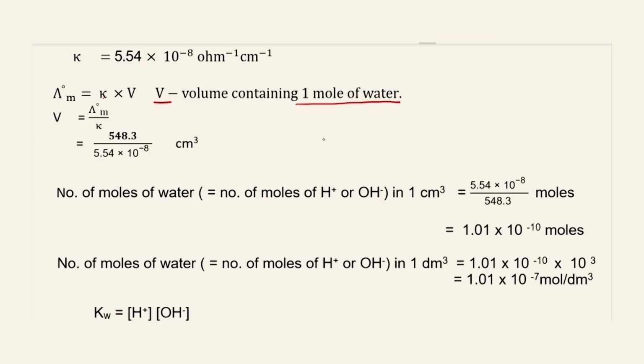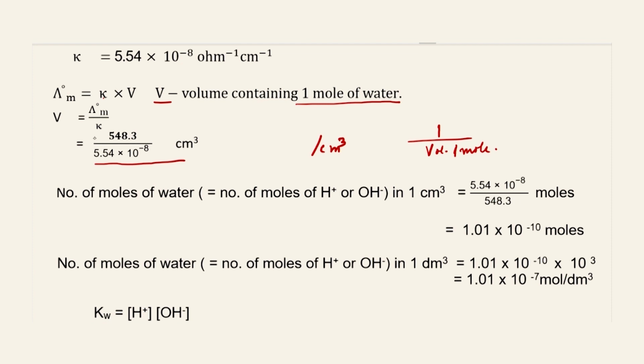Now, if you have to find out the number of moles occupying a particular volume, we know that 1 mole of water requires so much volume, so much centimeter cube. So, how many moles will be there per centimeter cube? Because we are having only 1 mole, that will be equal to 1 mole divided by the volume containing 1 mole, and that is the value given here.